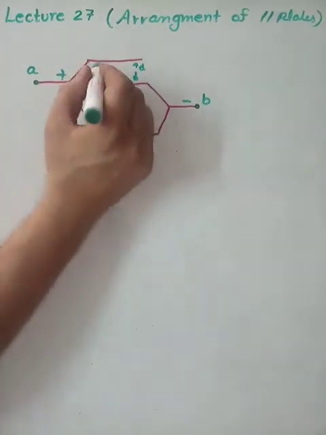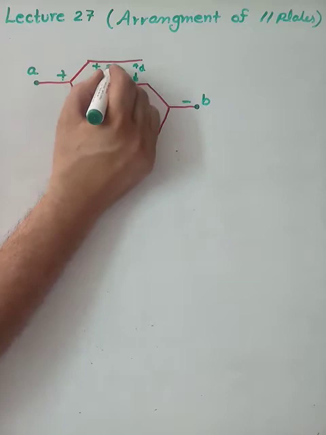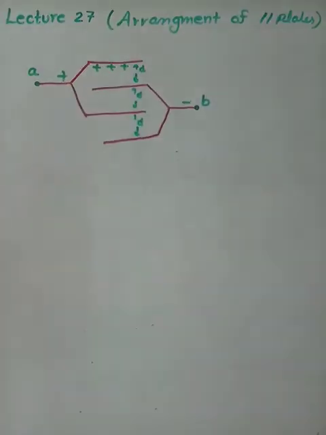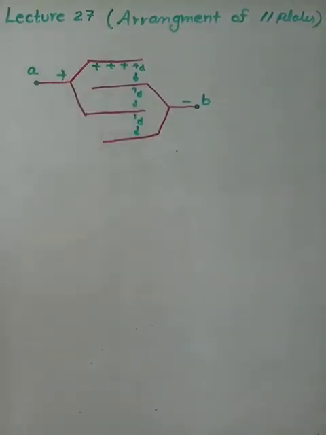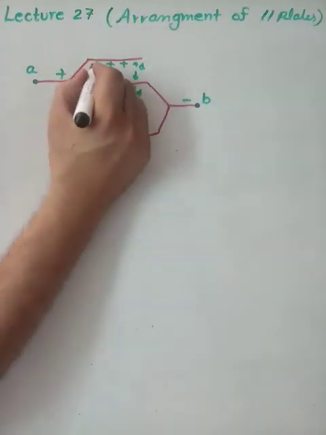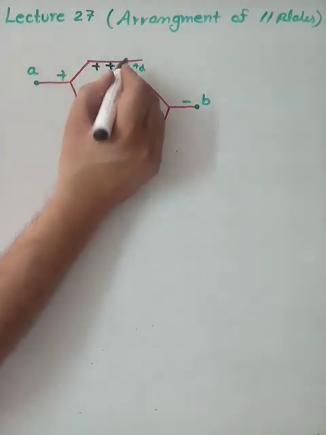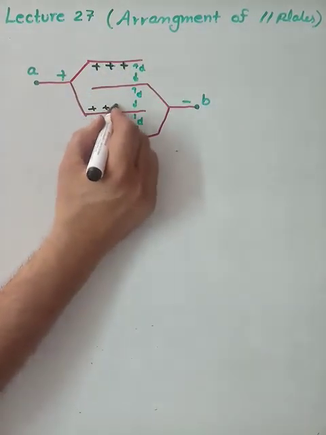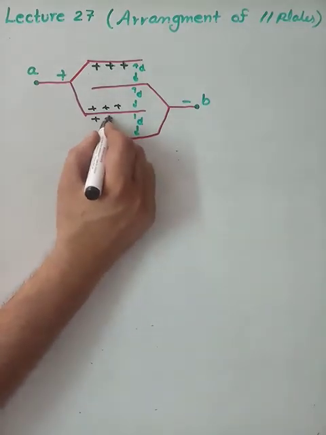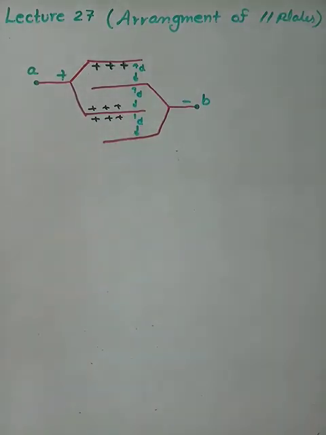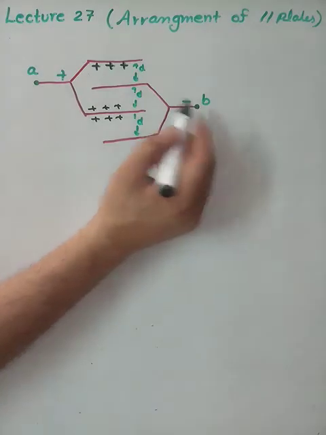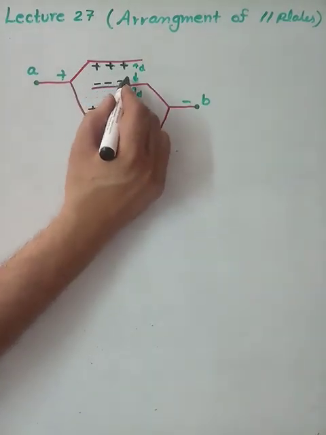Now, if A is positive, then this plate will be positive. Also, this plate will be positive, and also this plate will be positive. If B is negative, then this plate will be negative.